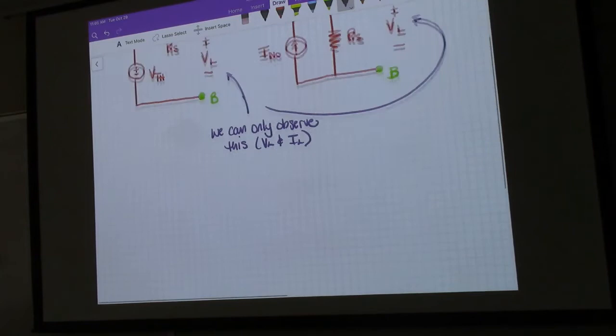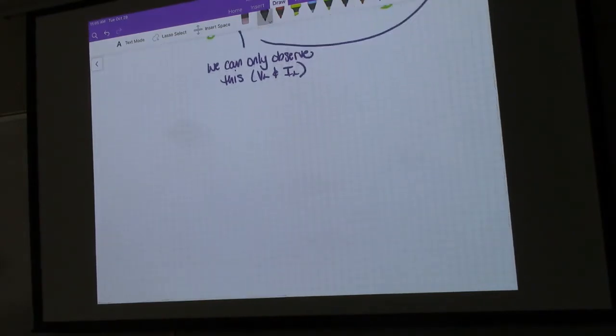So how do we convert between the two of them? It's actually very easy. You just use Ohm's Law. So let's say you're trying to go Thevenin to Norton.